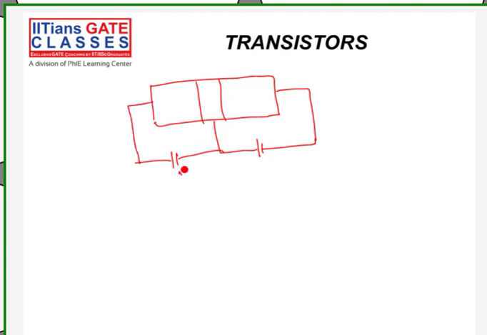This is VEB, this is VCB. This is P, N, and P. This is emitter, collector, and base. So here we can see the reverse voltage, VCB, this one.